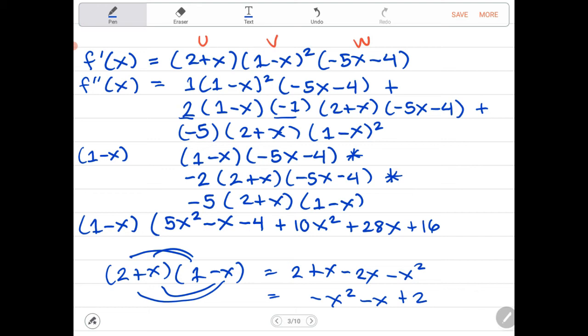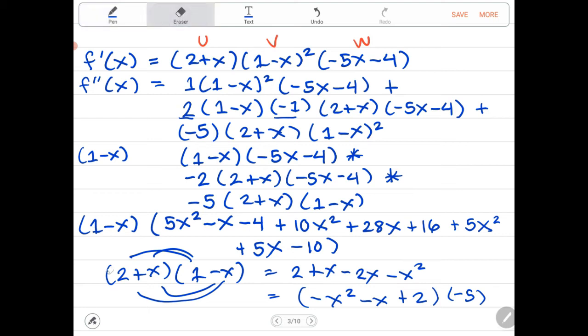Multiply by negative 5. So, that is plus 5x squared plus 5x minus 10.